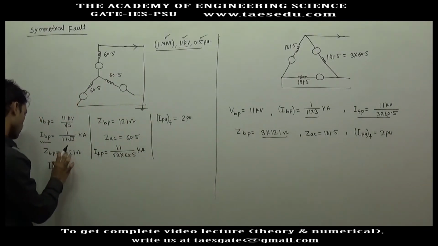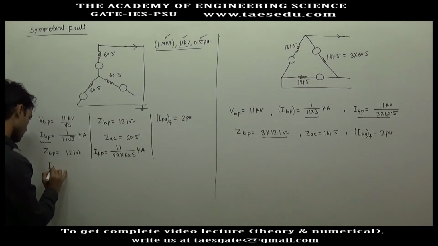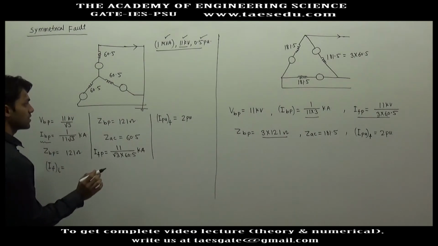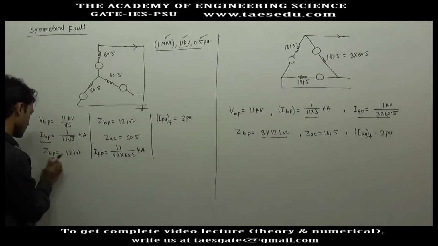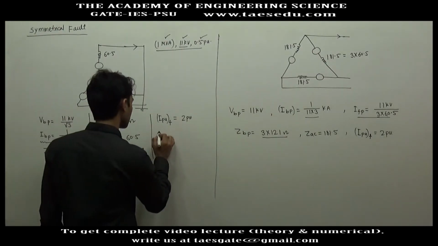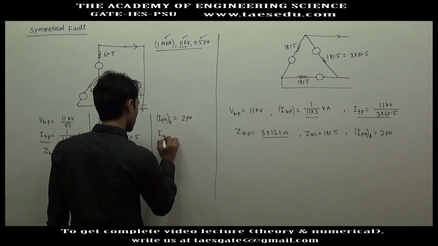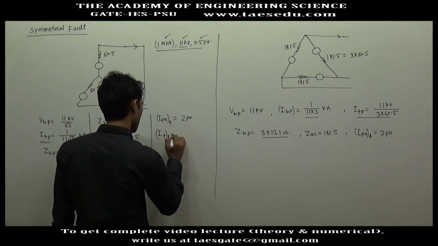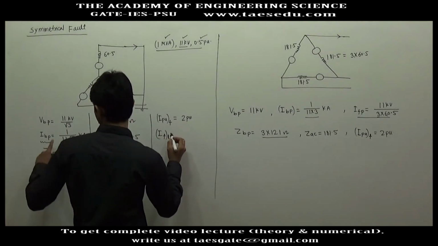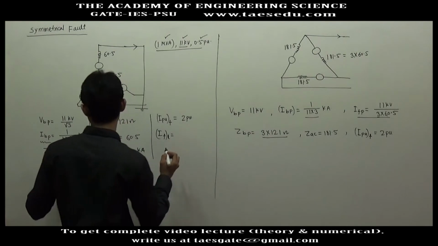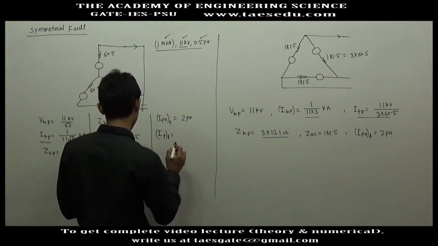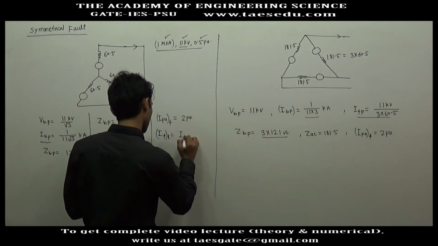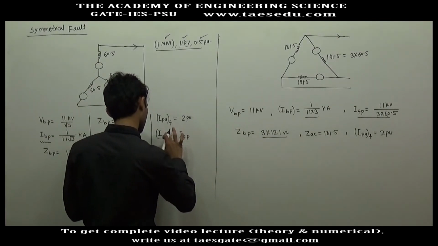So the actual value of fault current in the line will be the same as the actual value of fault current in the phase. Here we will write the actual value of fault current in the line is equal to the actual value of fault current in phase.